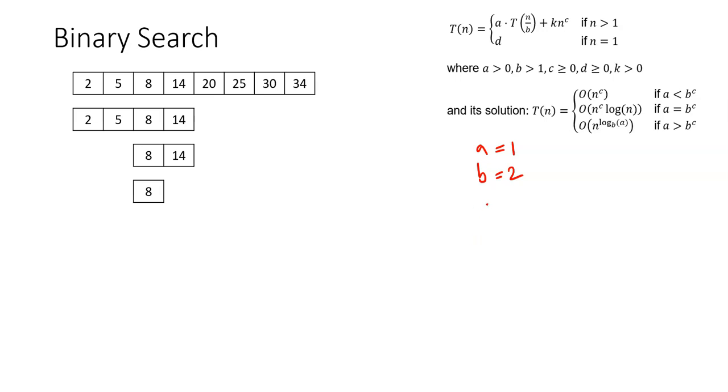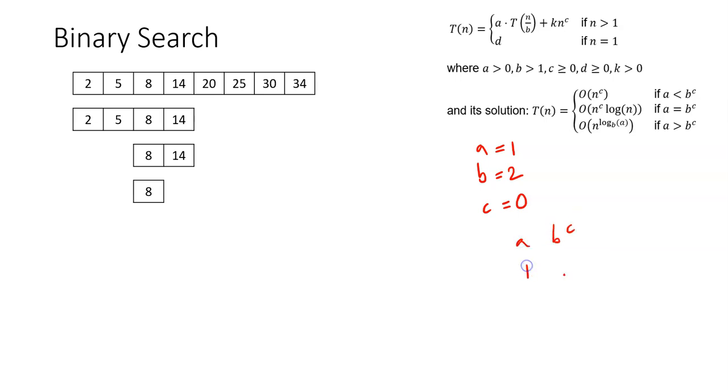In this case also, how much work do we do each time? We do constant work because each time we're doing 2 operations. We're finding the midpoint of the array and we're deciding, is our target bigger or smaller than that midpoint? It's constant, that means c equals 0, n to the power of 0. So we are comparing a with b to the c.